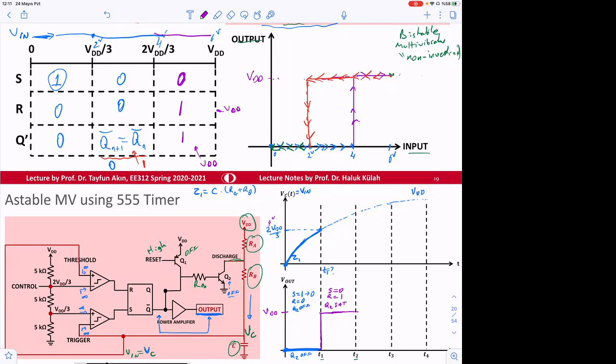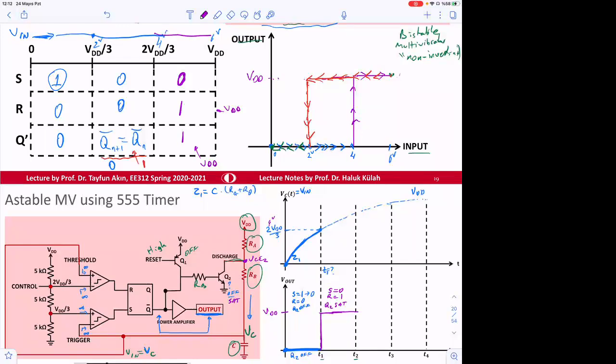So when it becomes SAT, the output voltage goes to here. What is this voltage? We connected the emitter of Q2 to 0 volt, right? So it becomes 0. Interesting.